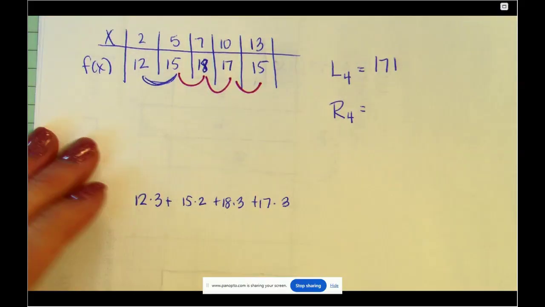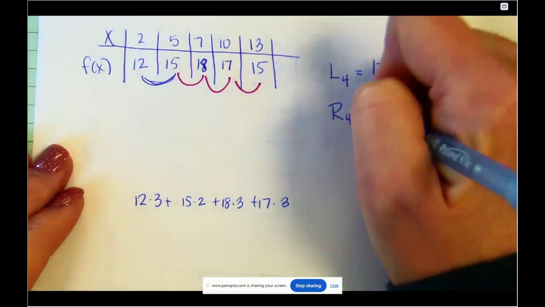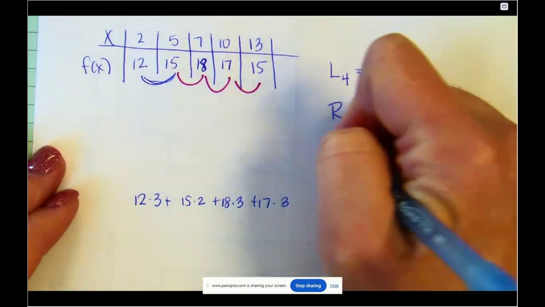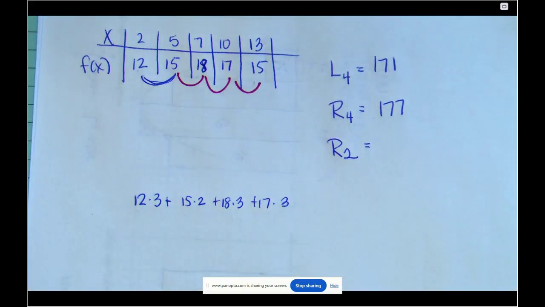Okay. What do you get for r sub 4? 177. Now, what if I asked you for r sub 2? Mason said, will they ever ask you ones that don't make sense?